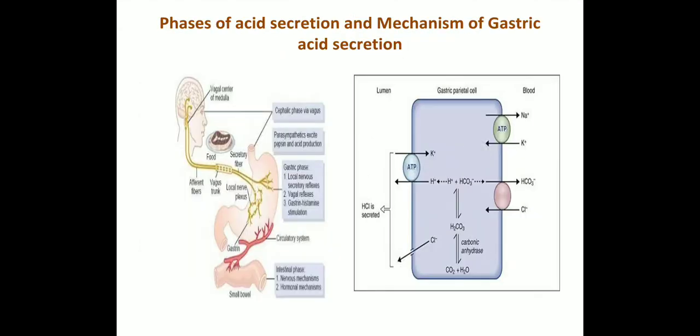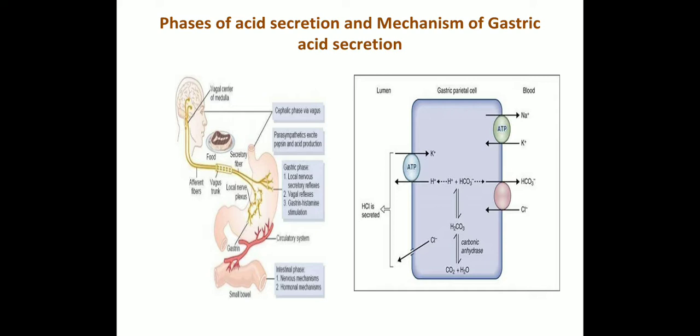So next, if you see the phases of gastric acid secretion, the glands present in these areas are responsible for secreting the gastric acid, and this gastric acid can be secreted in three different phases. The first phase is called the cephalic phase. The cephalic phase is the phase in which the gastric acid is secreted because of some stimulation.